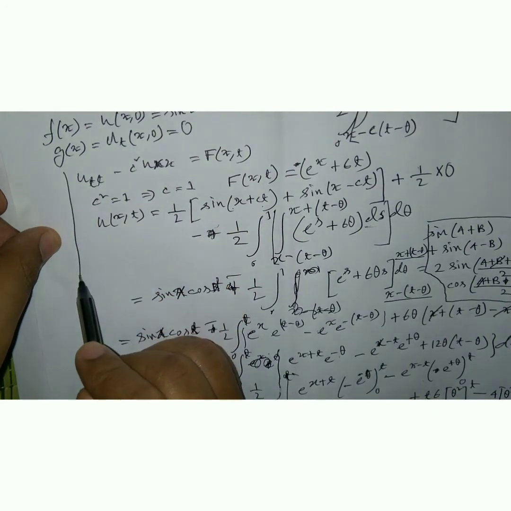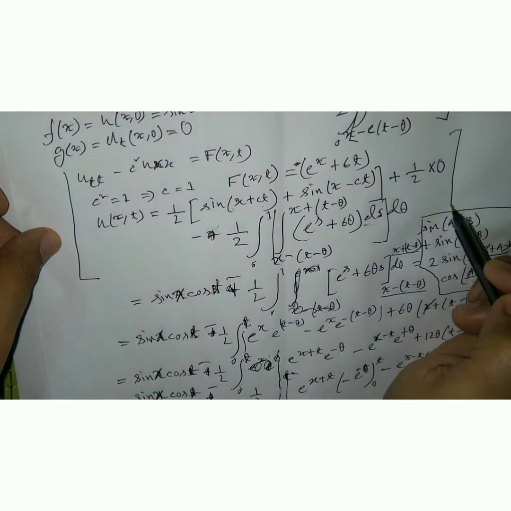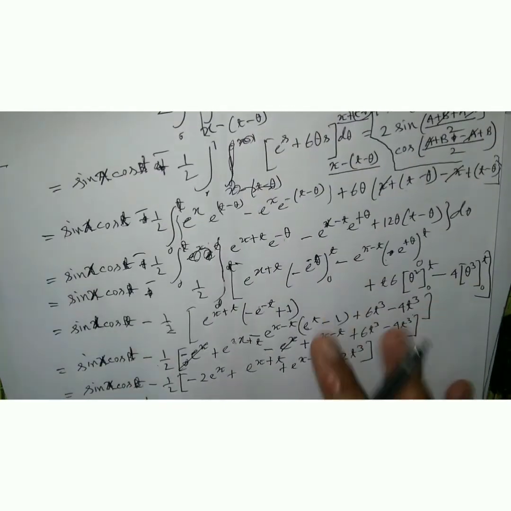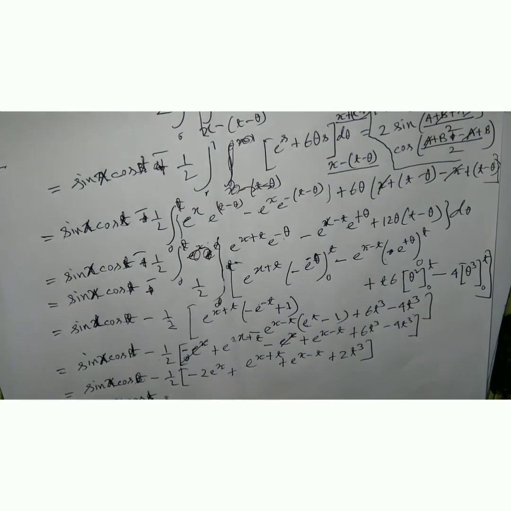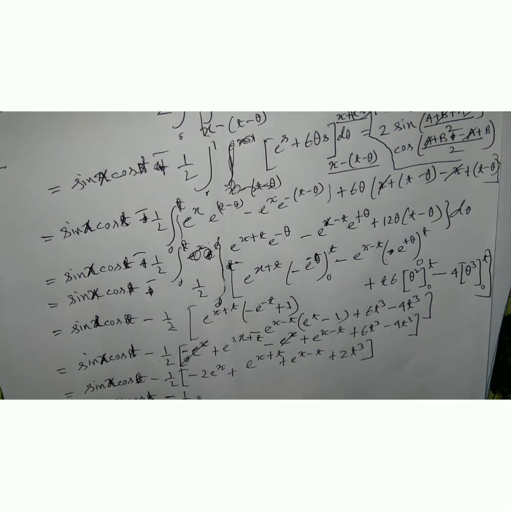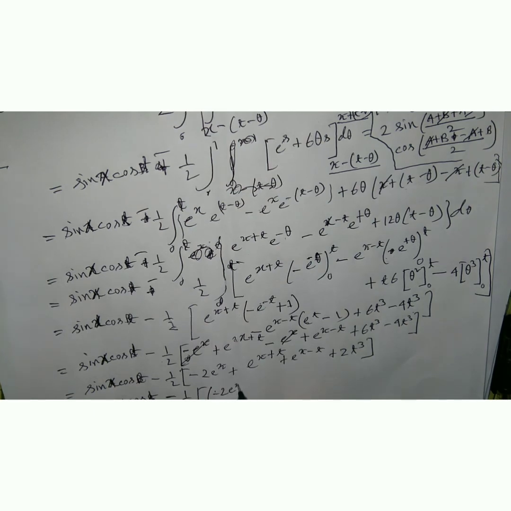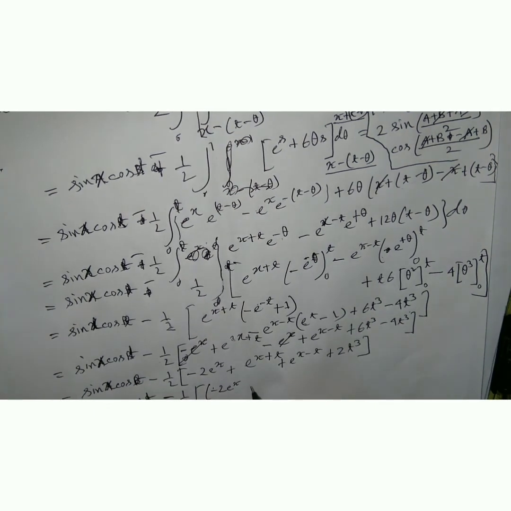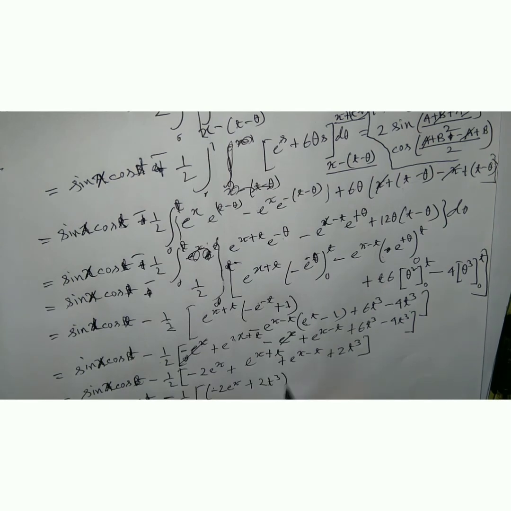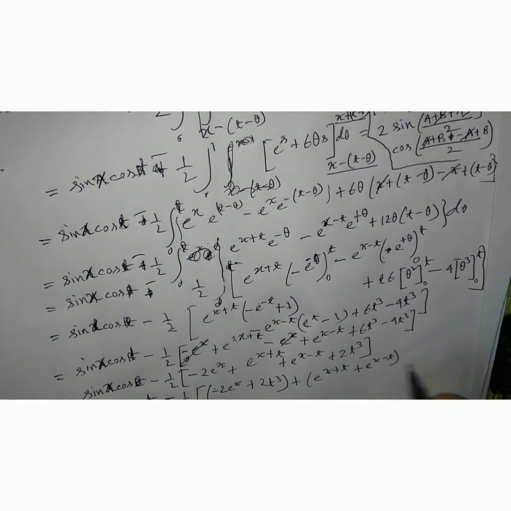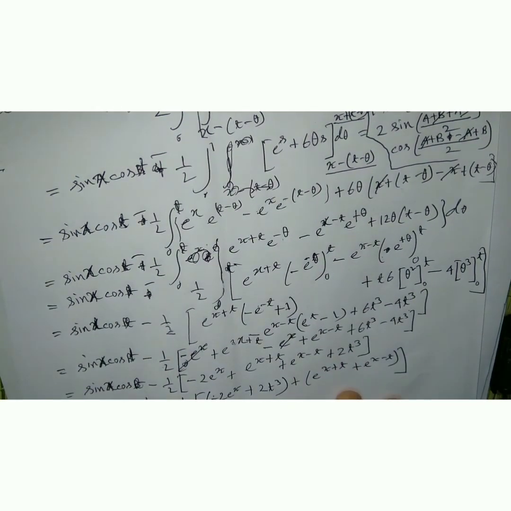You have to remember just this d'Alembert's formula. Then it is very easily you can understand. And minus half, and whatever I get, this value minus 2 into e to the power x plus 2t cube into e to the power x plus t plus e to the power x minus t. This is the value I get.